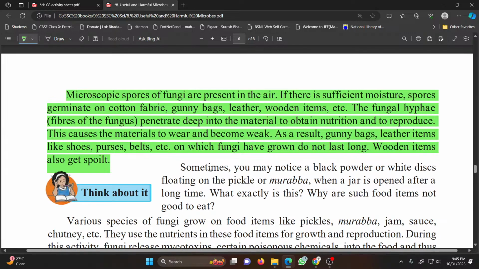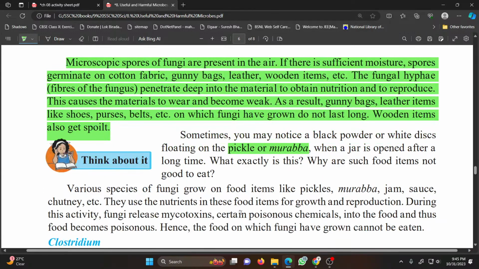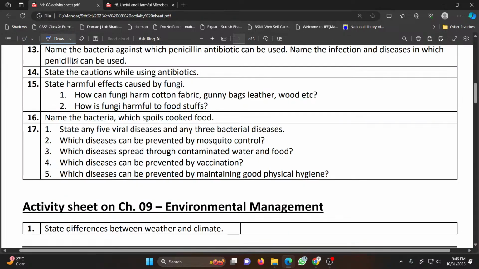Also, fungi can grow on edible items like pickle and murabba, and they become poisonous because fungi release mycotoxins, which are poisonous chemicals, into the food. So these are the effects of fungi.